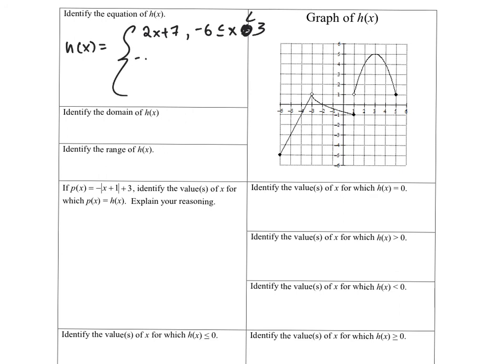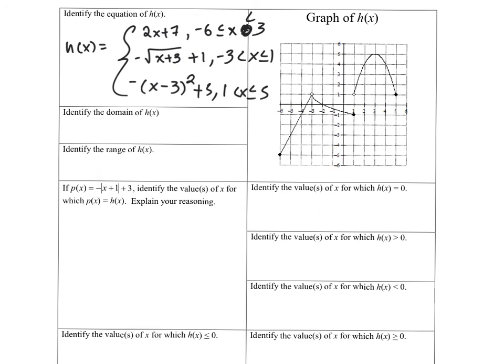And then we have negative square root of x plus 3, plus 1, and x could be greater than negative 3 or less than or equal to 1. And then the last one is negative times x minus 3 squared plus 5, and x can be greater than 1 or less than or equal to 5, all right?